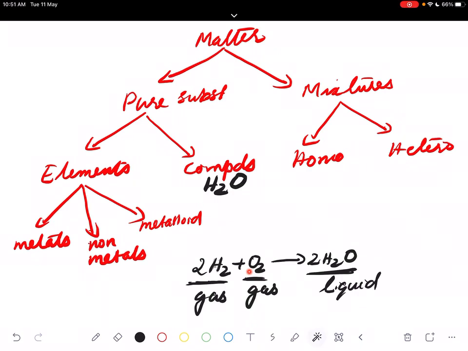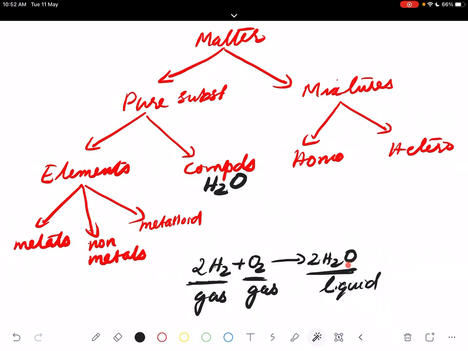So my point is this compound formed has entirely different properties as compared to the constituent elements from which it is made. So this is entirely a new substance.